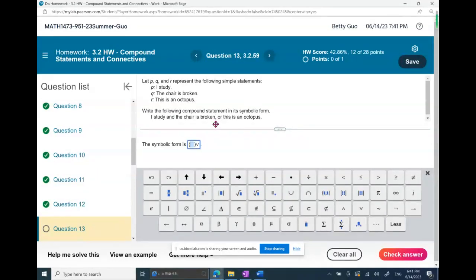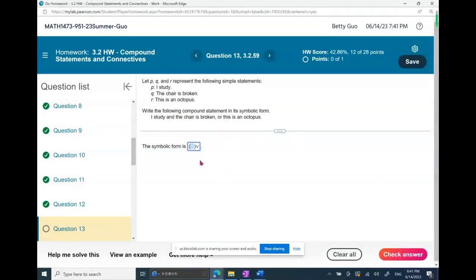So remember the comma represents a grouping symbol. The first component is I study and the chair is broken.